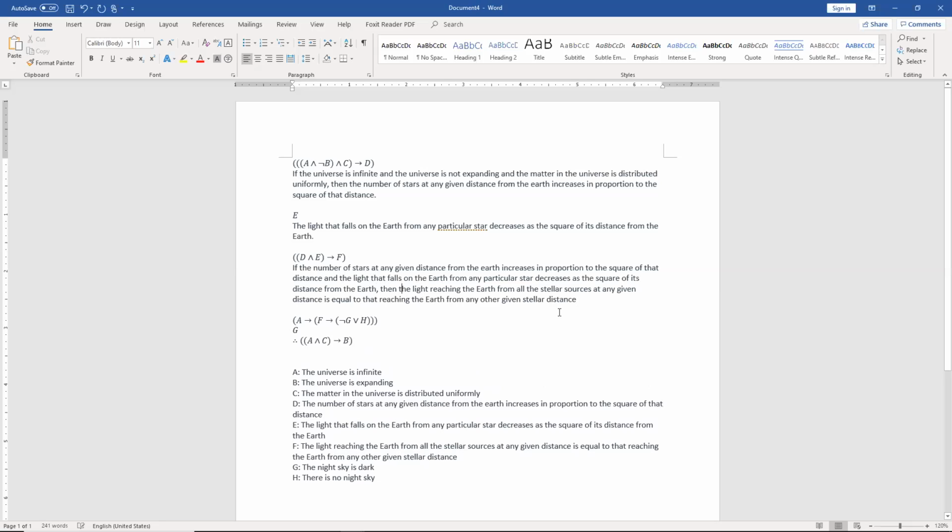Then the light reaching the Earth from all the stellar sources at any given distance is equal to that reaching the Earth from any other given stellar distance. So this is a massive sentence and it does not read very smoothly in English, but don't worry too much about that. Just make sure that the overall structure of the sentence reflects that of the logic.